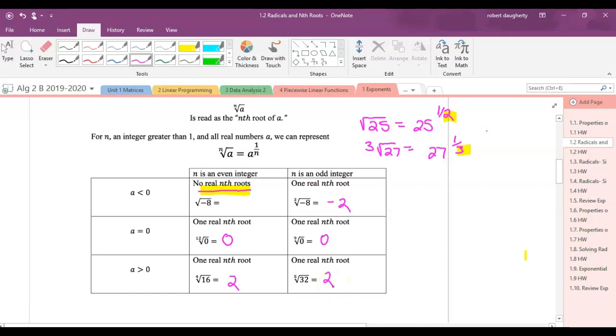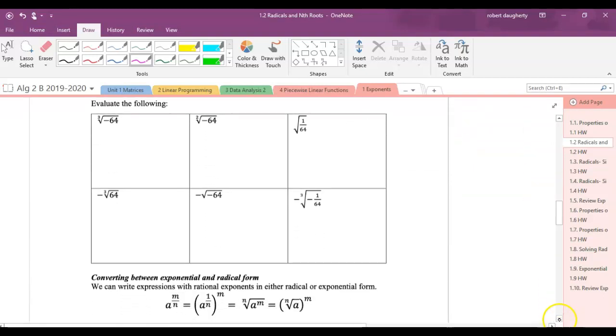So if I'm taking even roots, square roots, 4th roots, 6th roots, I run into a problem when I try to take the even root of a negative number. I'm going to get complex numbers. We're really not going to do a whole lot with complex numbers this semester. We did more of that with the quadratics, but at this point you can say the square root of negative 8 is not real, or the square root of negative 25 is not real. We're mainly working over the set of real numbers with our exponential properties.